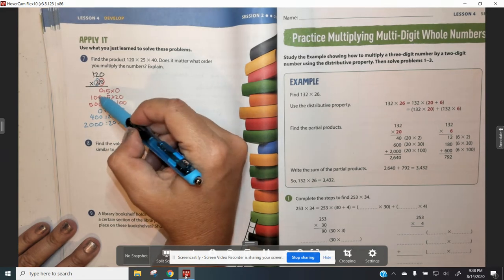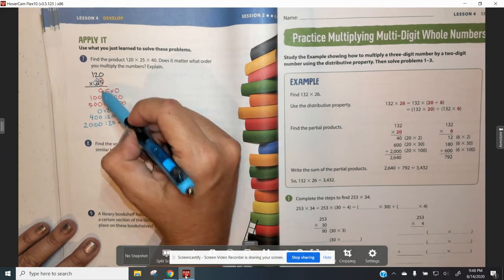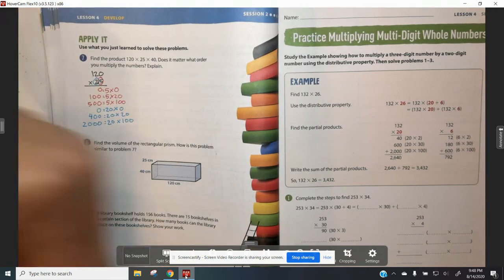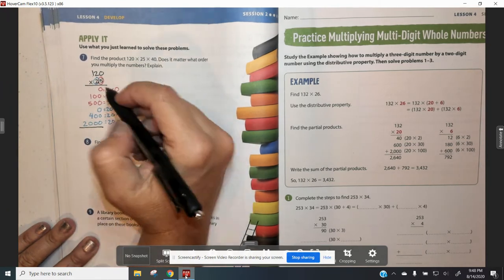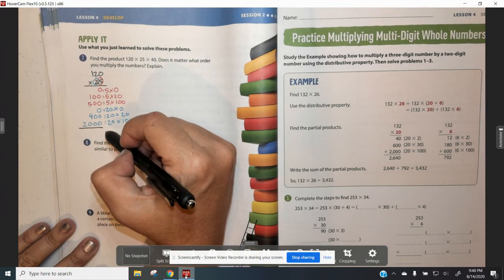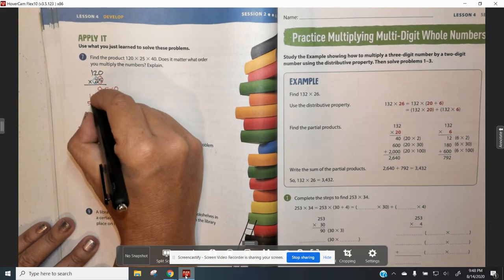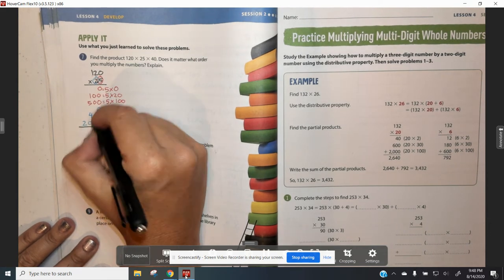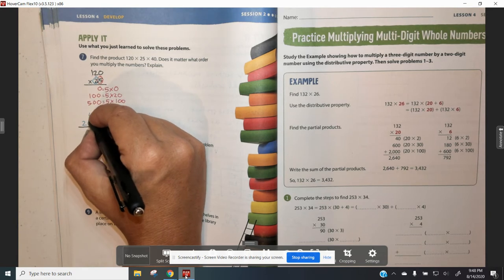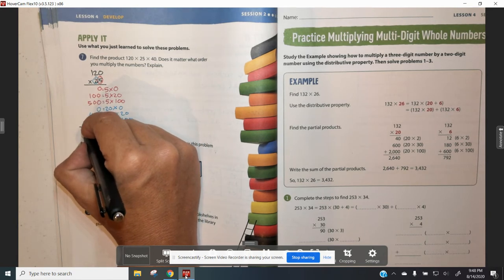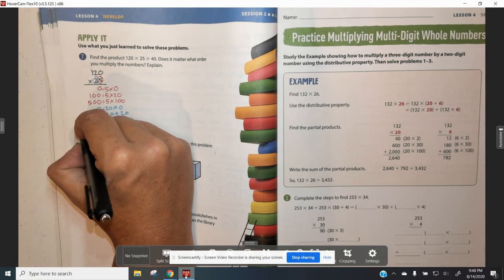And then I'm going to add up all of these partial products to get my first product, which is 0, 0, 1 plus 5 is 6, 6 plus 4 is 10, 0, carry the 1, 3.